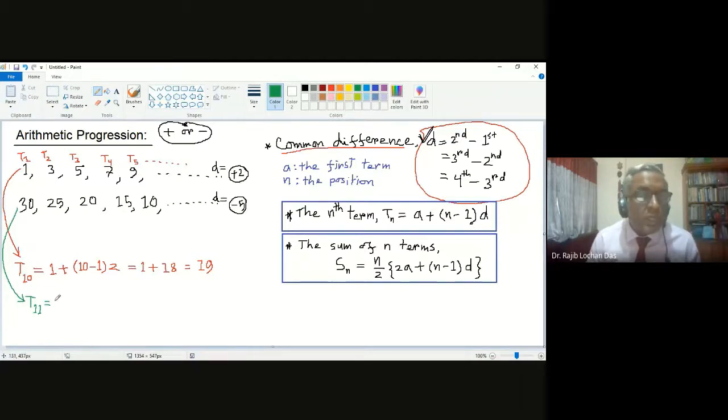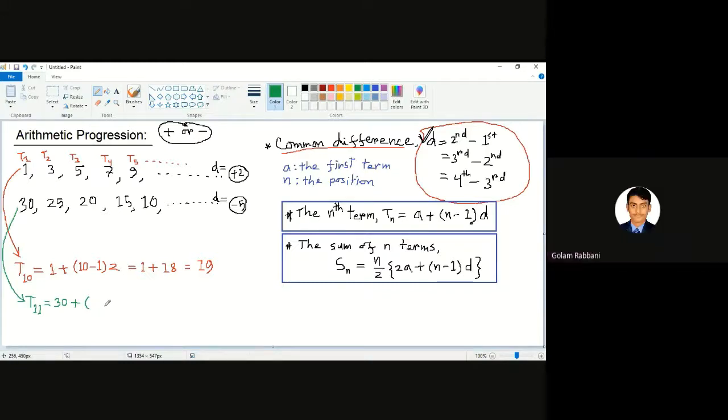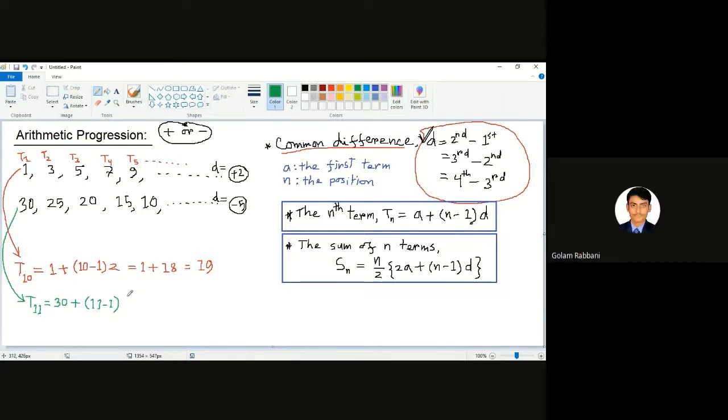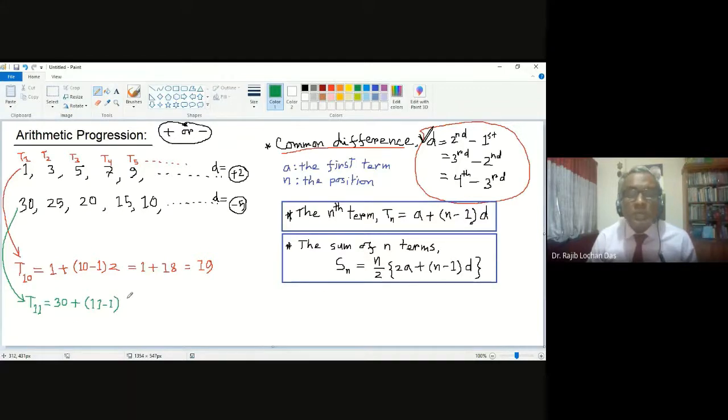So what is your a? 30, sir. Then plus, then bracket. What is your n? 11, sir. So 11 minus 1. And then what is your d? 5, sir. Why 5? Minus 5.